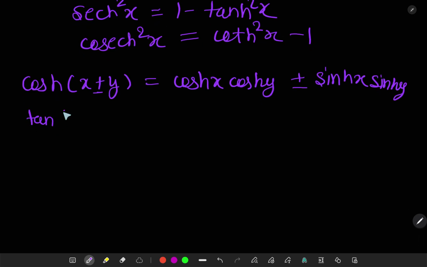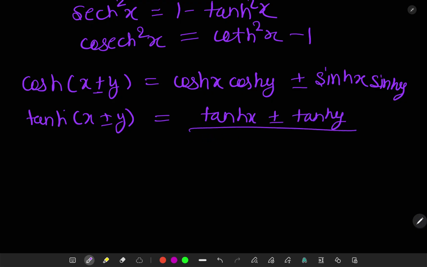Now another, tan hyperbolic x plus minus y equals tan hyperbolic x plus minus tan hyperbolic y divided by 1 plus minus tan hyperbolic x tan hyperbolic y.